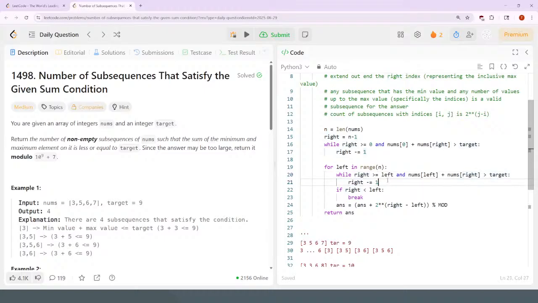If not, change the right bound. And then increment the answer to 2 to the power of right minus left.